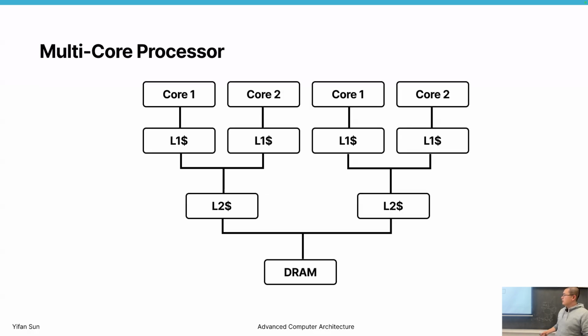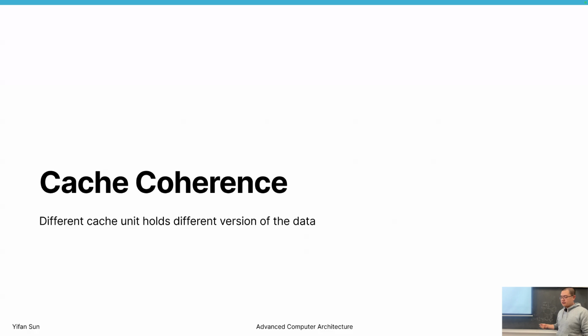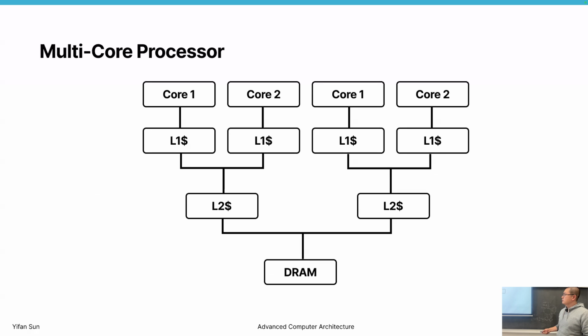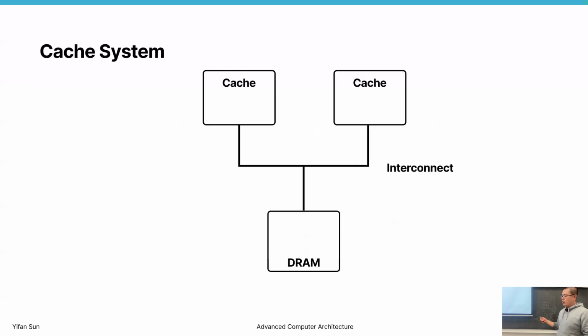Then we talk about cache coherency, first looking at the interface of cache coherency and how we define it. So in a cache system, we consider two same-level caches, and the interconnect in between.